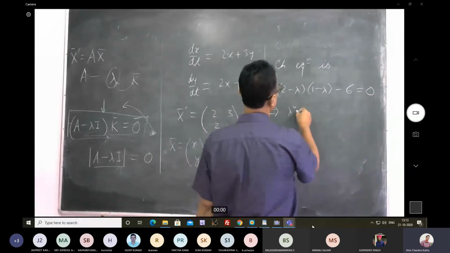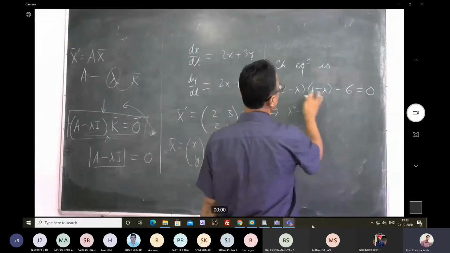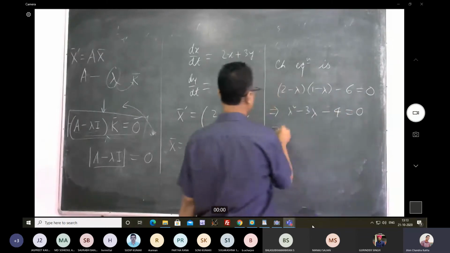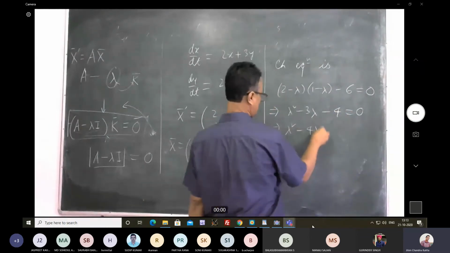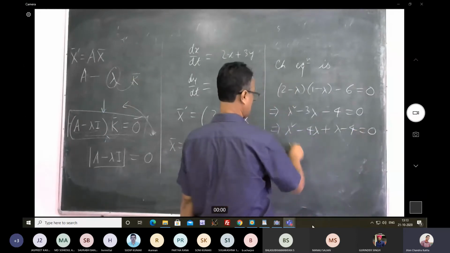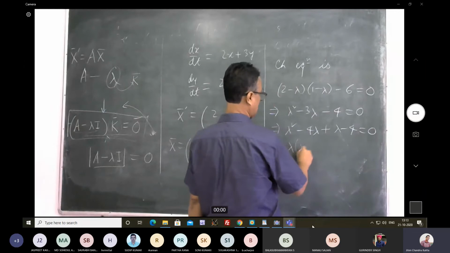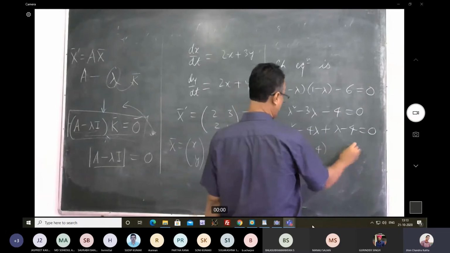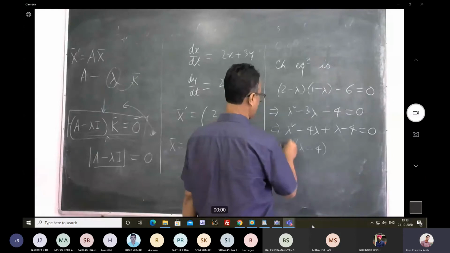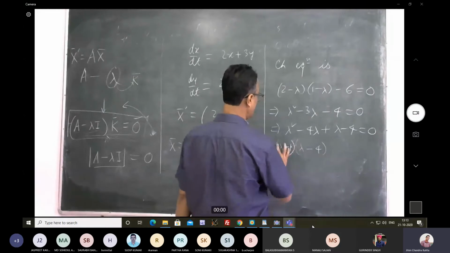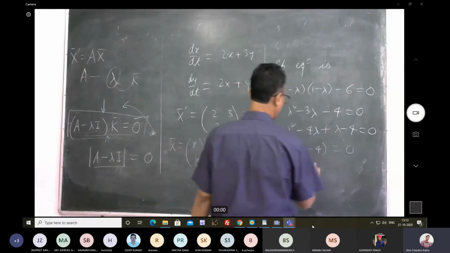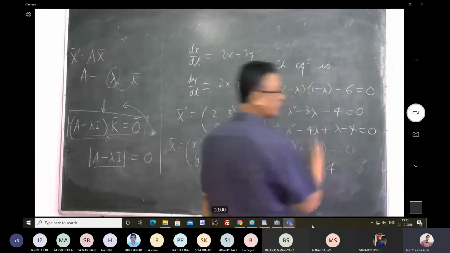Lambda squared minus 3 lambda plus 2 minus 6, which gives lambda squared minus 3 lambda minus 4. So lambda plus 1 into lambda minus 4 equal to 0. So lambda equal to minus 1, 4.